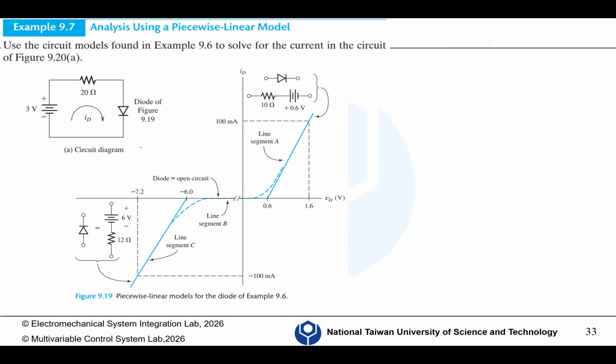How can we start? First, we need to identify which region this diode is working in. Here, apparently, this is a simple example. Apparently, it's under forward bias, right?